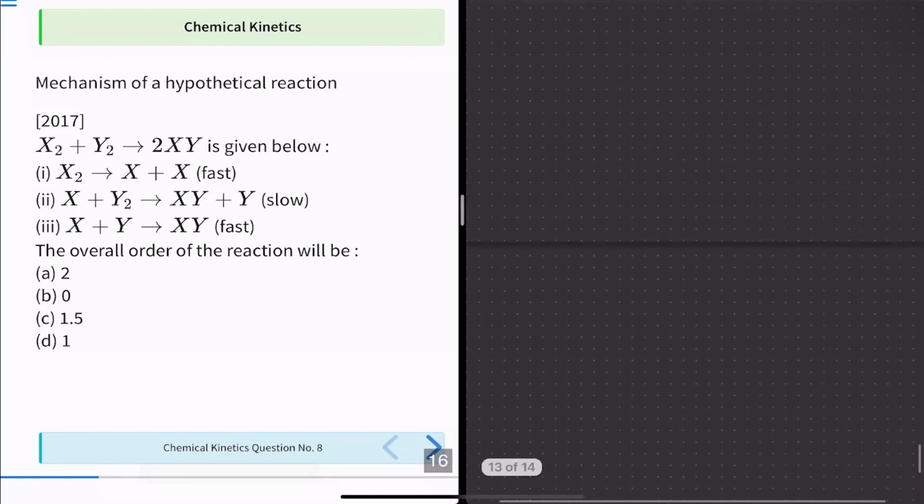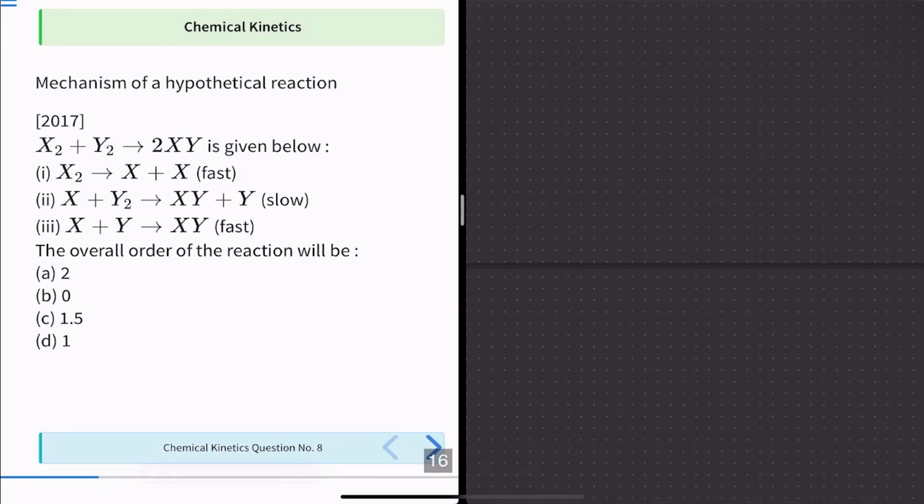Let's find out for this reaction 1, 2, and 3. For a complex reaction, we have to consider the slowest step for finding out the order of the reaction. In these three equations, which is the slow step? Reaction 2 is the slowest step.